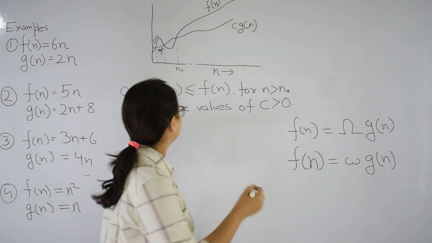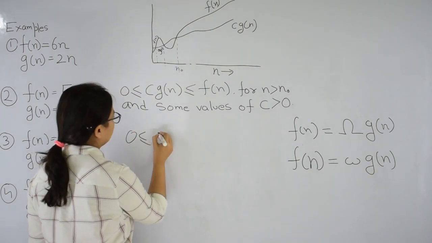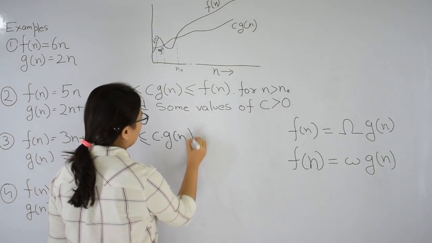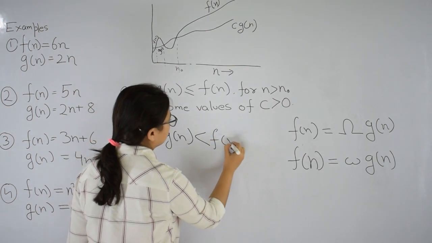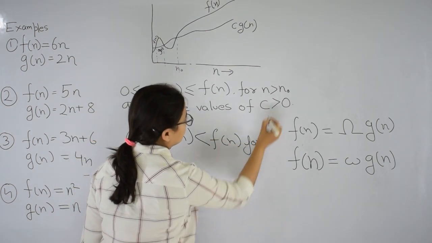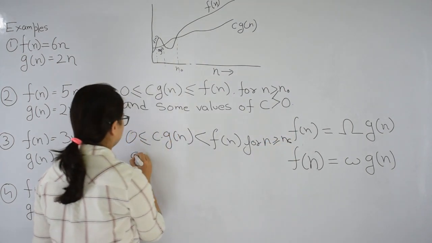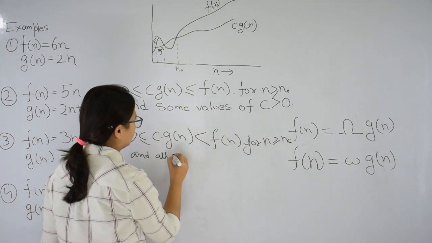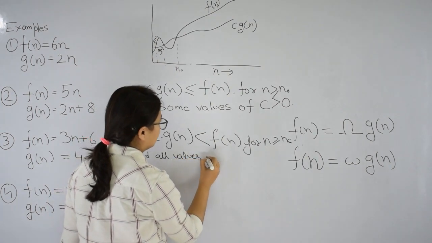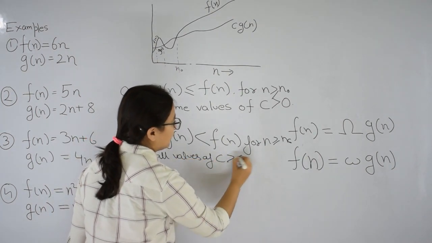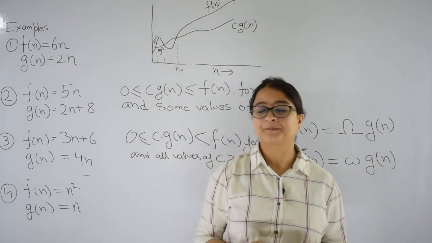Okay, let me write down the equation for you. 0 less than or equal to c into g(n), here we will not have equal, for all values of c greater than 0.